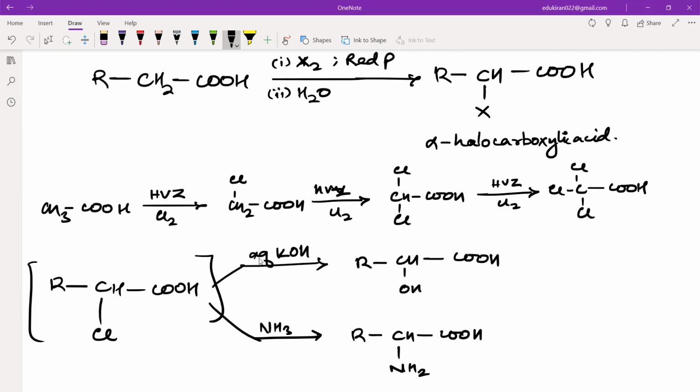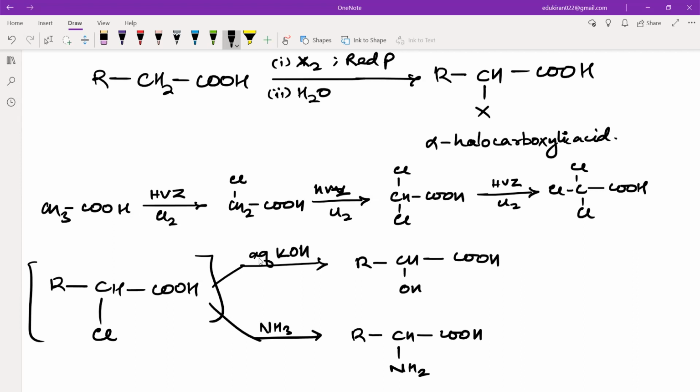Write this down. Then we will look at the last thing, that is the electrophilic aromatic substitution reactions of benzoic acid. Done, yes or no?